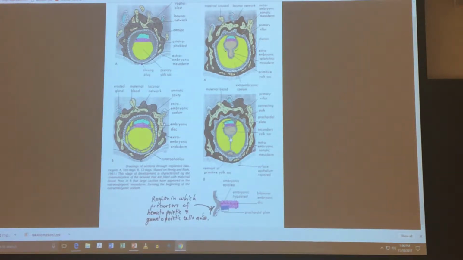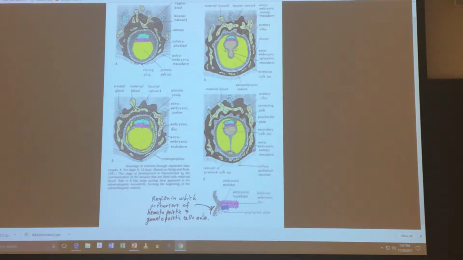Interesting to note a couple of things. Even at this stage, there are a group of cells that sit near the yolk sac at the edge of the embryo. They're called the procordial plate.